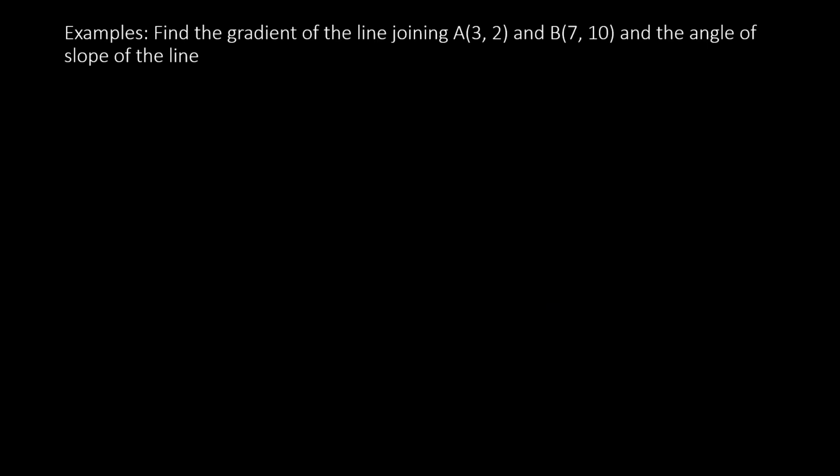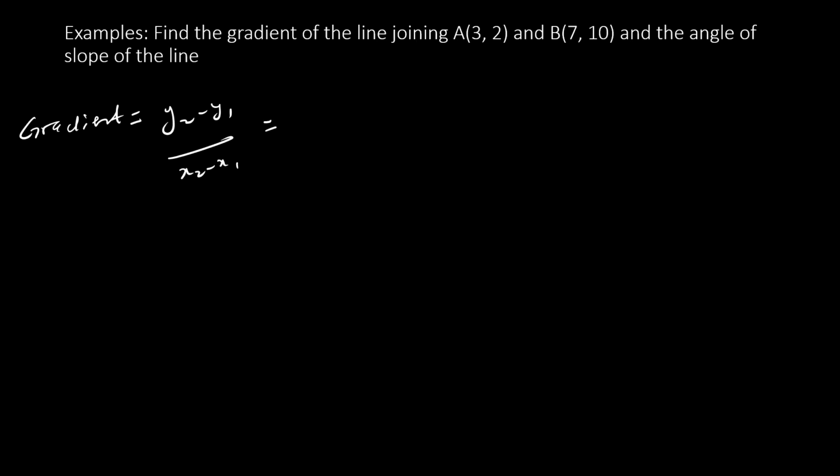Let's look at the first example. We have the question which says find the gradient of the line joining point A, which has the coordinates (3, 2), and B (7, 10), and the angle of slope of the line. We know that gradient equals the increase in y over the increase in x, which is y2 minus y1 divided by x2 minus x1.